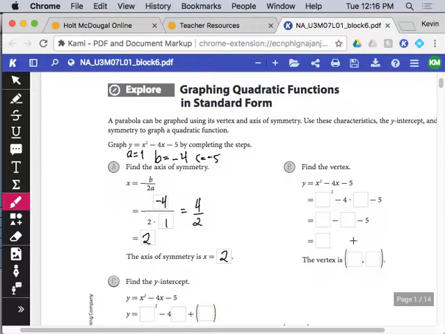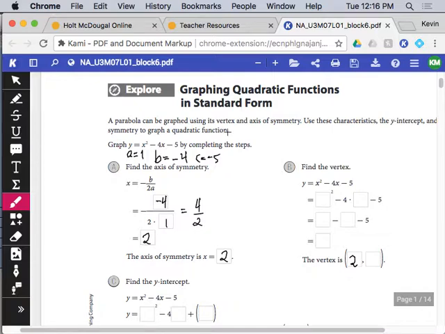What goes here? 2. 2 goes there. That's because the x component of the vertex is the same thing as the axis of symmetry. It's at the same place because the axis of symmetry always goes through the vertex. Now, if we want to find the y component, what do we do?